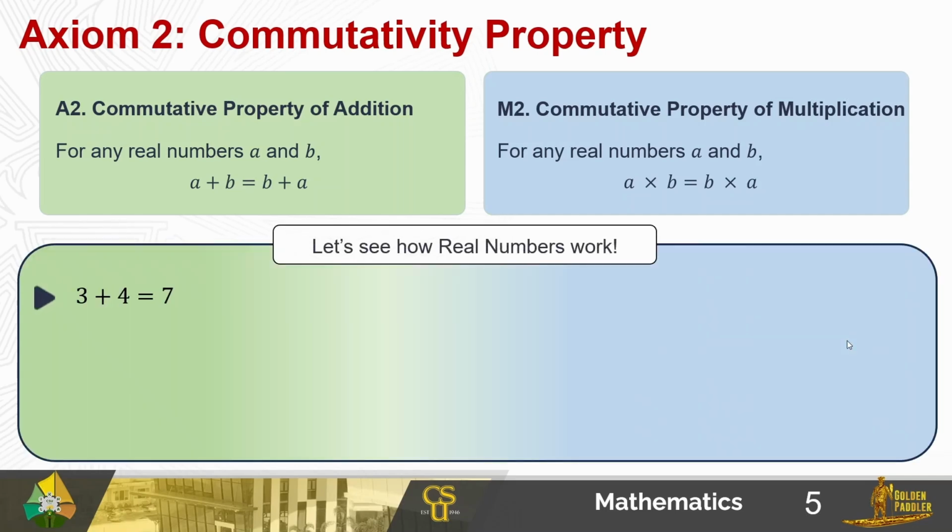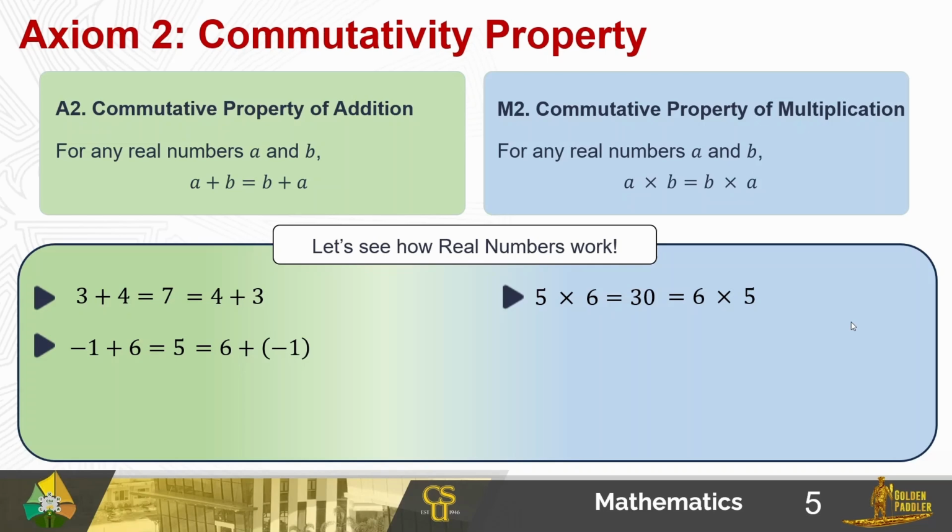Notice that if we have 3 and 4, if we add 3 plus 4, the answer is 7, which is equal to 4 plus 3. Similarly, 5 times 6 is equal to 30, which is equal to 6 times 5. Or negative 1 plus 6 is equal to 5, which is equal to 6 plus negative 1.